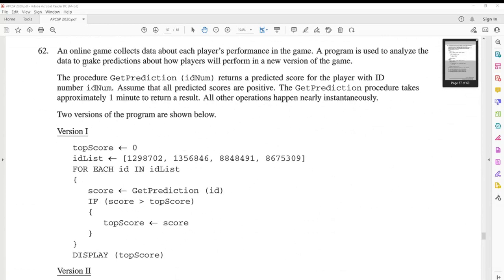Number 62. An online game collects data for each player's performance in the game. A program is used to analyze the data to make predictions about how players will perform in a new version of the game. So predict something.